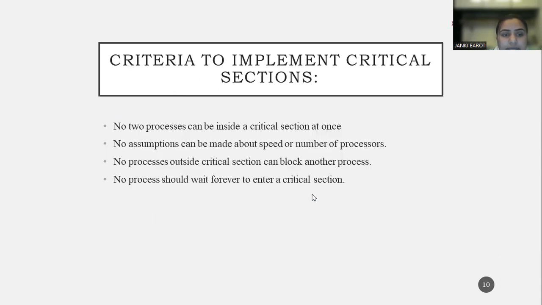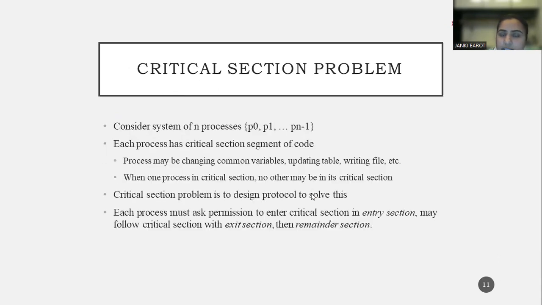After that, what is the critical section problem? Though we have created the critical section, we are still facing many problems. We have decided that one process executes and completes its task, and after that another process will enter. But how much time does another process need to wait? That we need to decide.